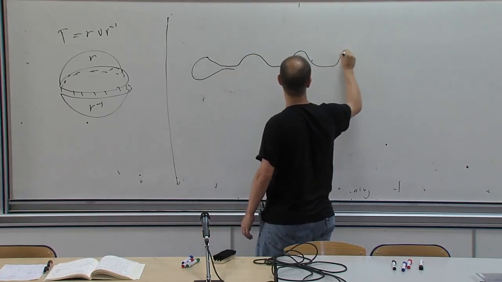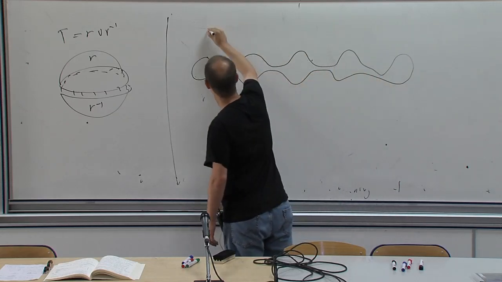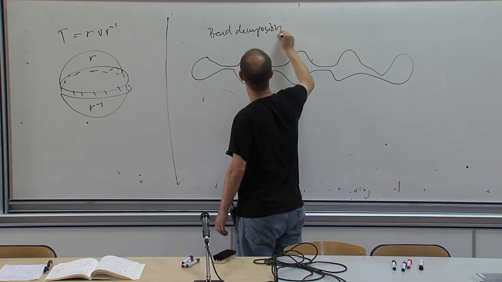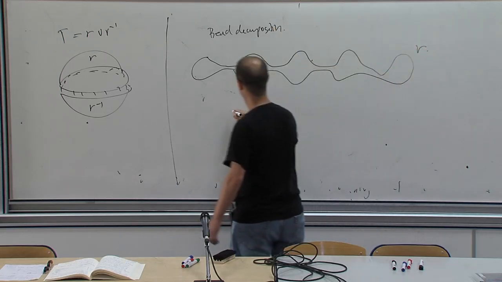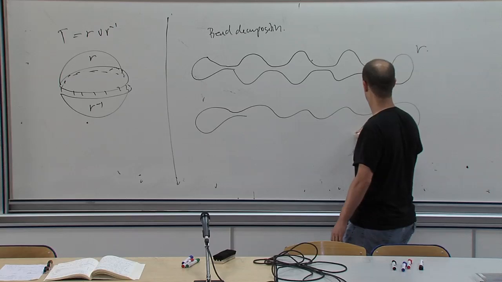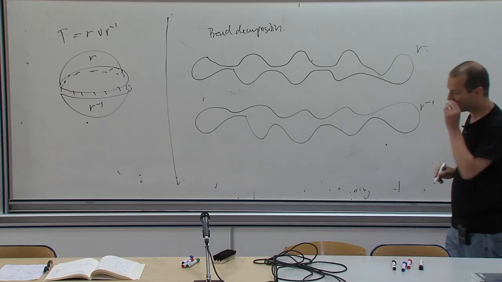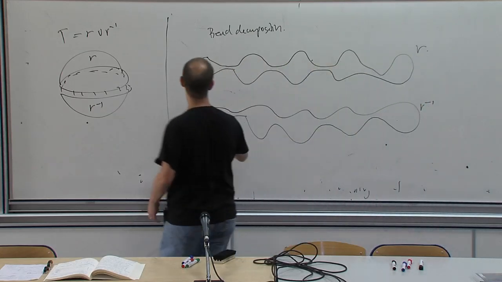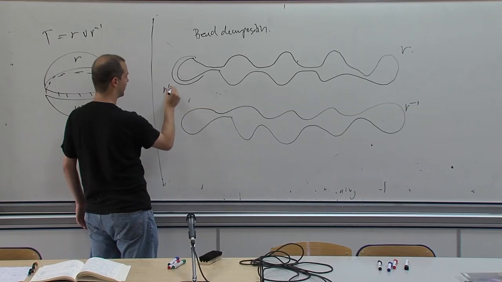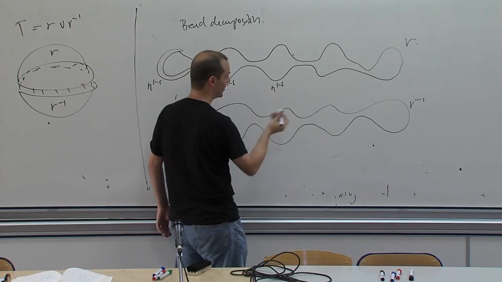So we build what I'm going to call the bead decomposition. I have R here, and R inverse here, and there should be the same number of these. What I'm going to do is break R up into a bunch of little regions of length n^(1-δ), n^(1-δ), n^(1-δ).